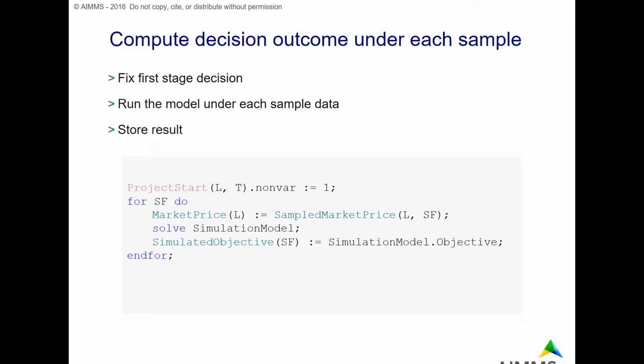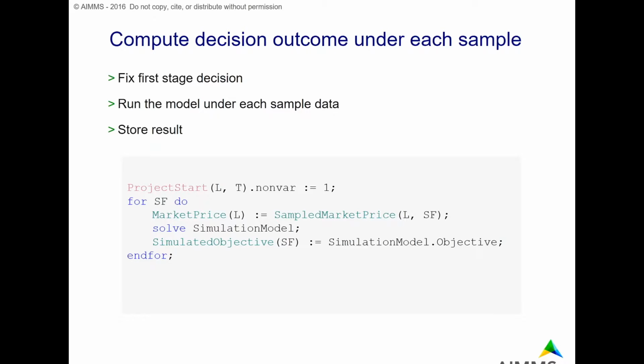And then for each sample, we first assign the sample market price for this certain sample to the market price, which is the actual data we're using in the model. By doing this, as you can see, we don't actually change the optimization model, but instead we put code outside that feeds different data to the model.